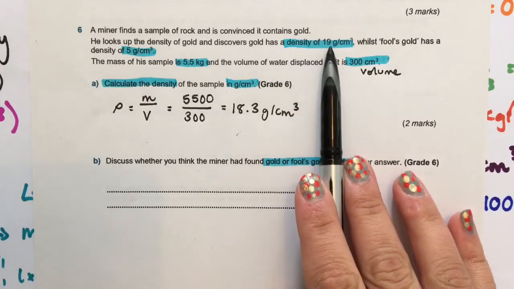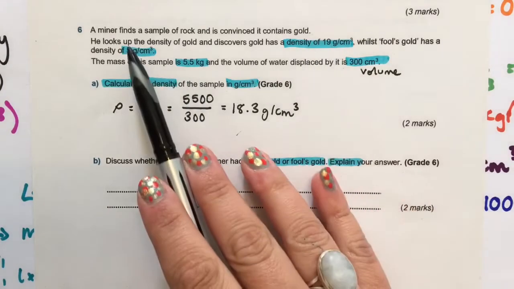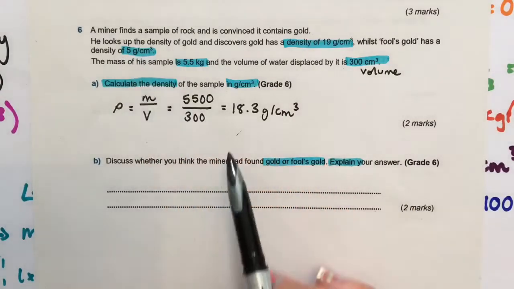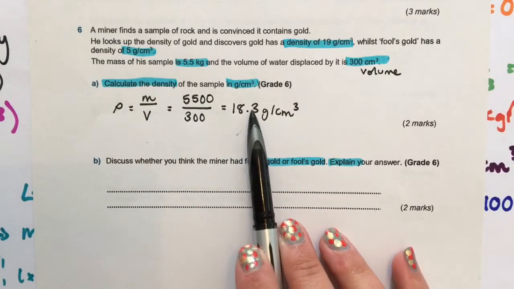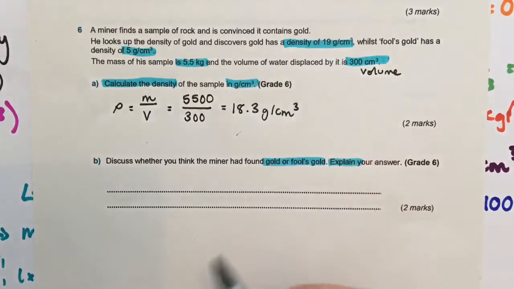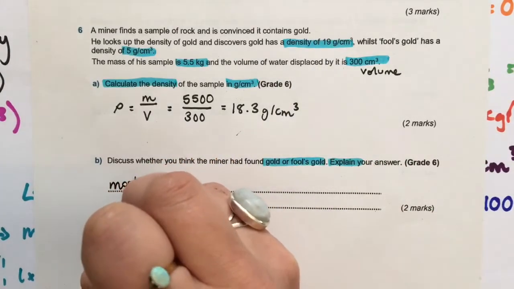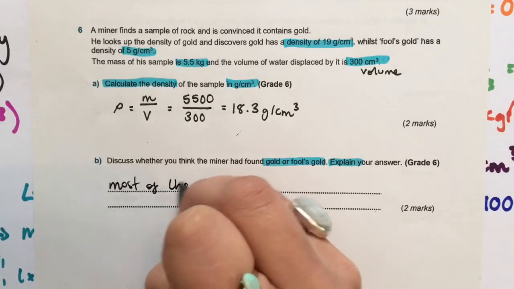Gold has a density of 19. Fool's gold has a density of 5. Now, the answer isn't either of those, but it's much, much closer to 19, which means that most of the sample is gold.